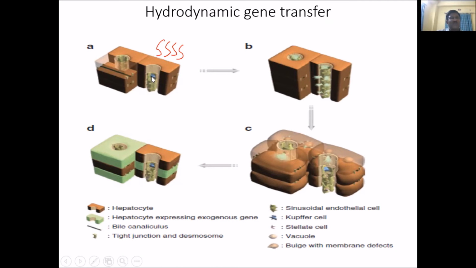Now, due to the increased pressure of the injected large volume of the DNA or the RNA or therapeutic gene, the pressure inside the capillary increases. And as the parenchymal cells mostly have fenestrated capillaries, the genes enter through the fenestrated capillaries into the parenchymal cells. You can see the parenchymal hepatic cells have swollen up here.